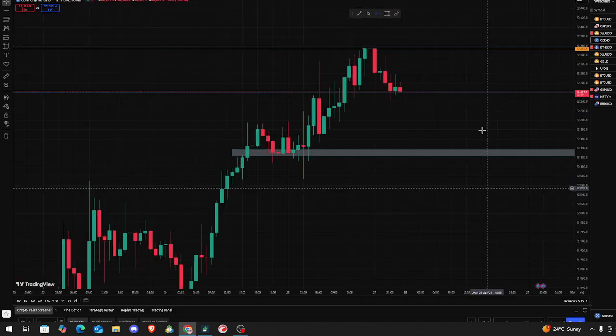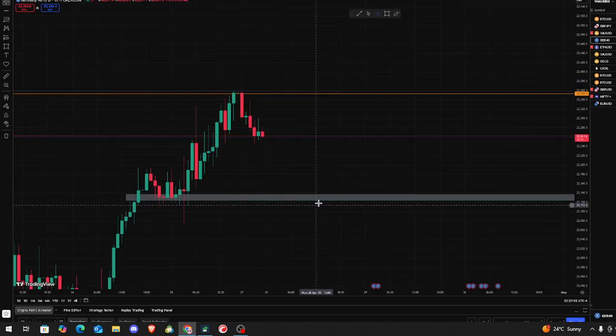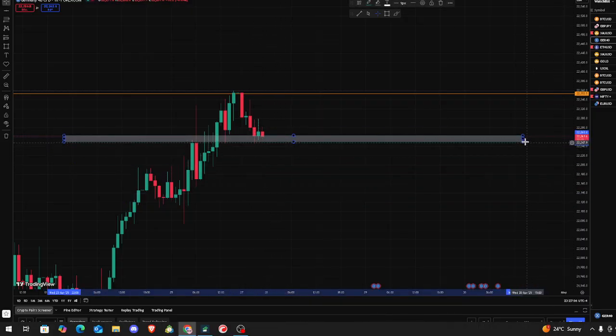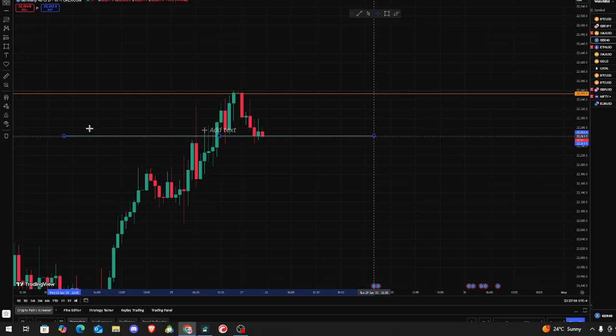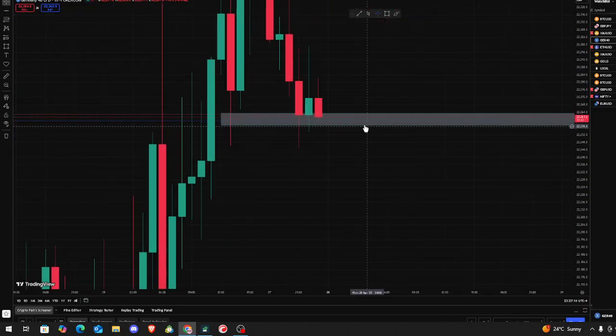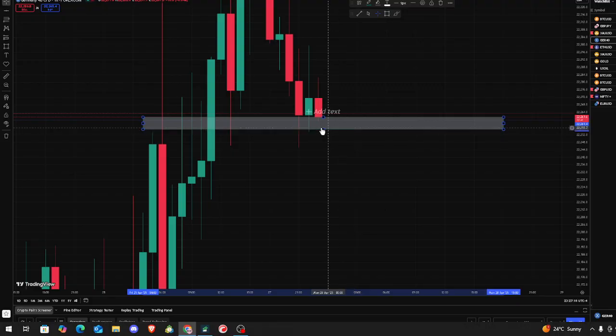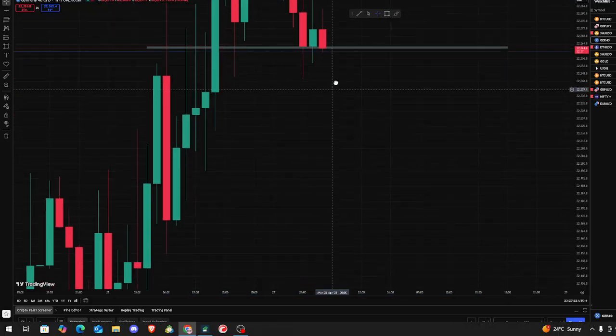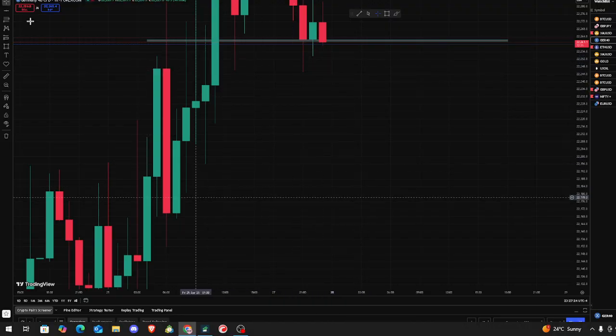Looking at the 1 hour time frame, what the 1 hour time frame says is we are currently at a support on the 1 hour, and what I think is if we can break below this level, I think there is a higher probability for price to fill this range.